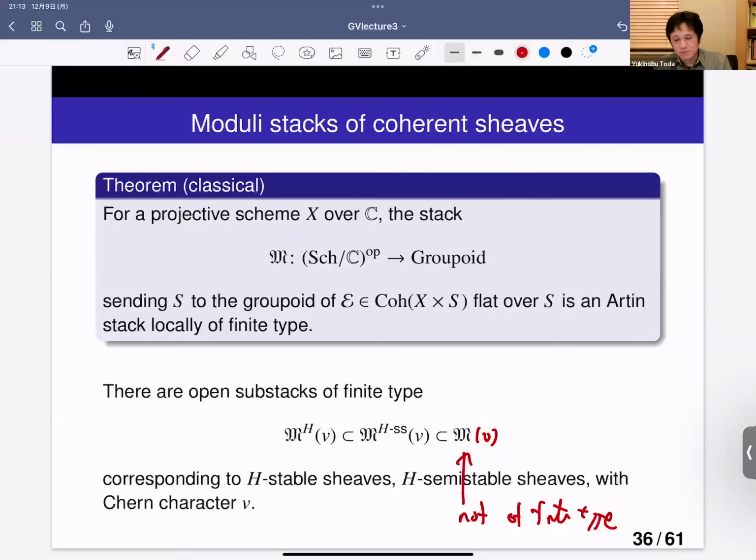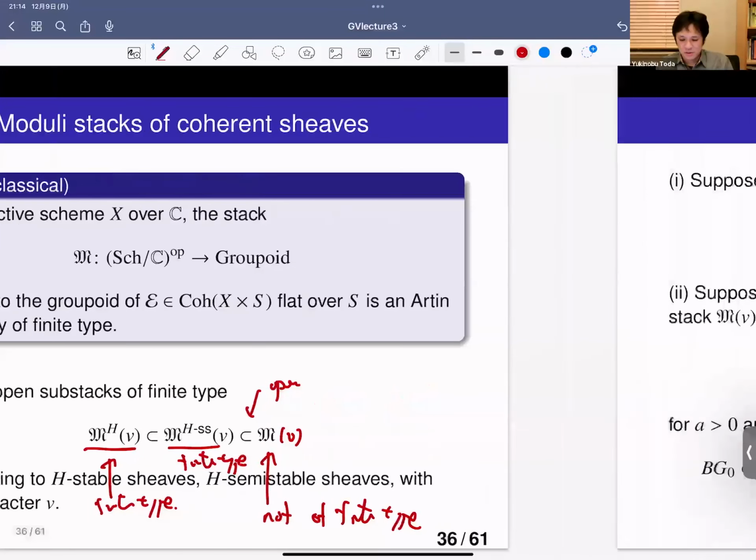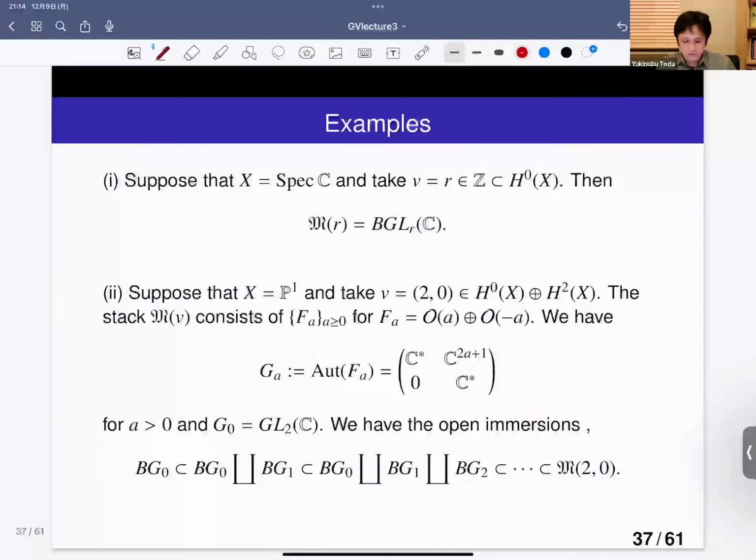But if we consider only semistable sheaves, then this is open, and this is of finite type. Then the stable one is also of finite type. So the semistable one is much better than the original moduli stack, and the stable one is still better. But let me give some examples.